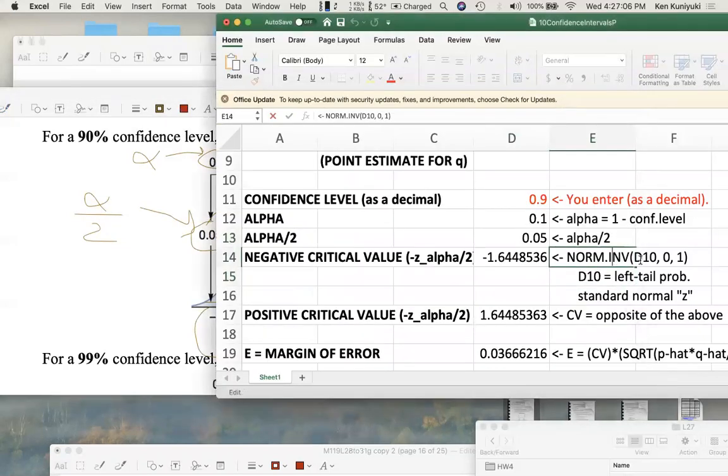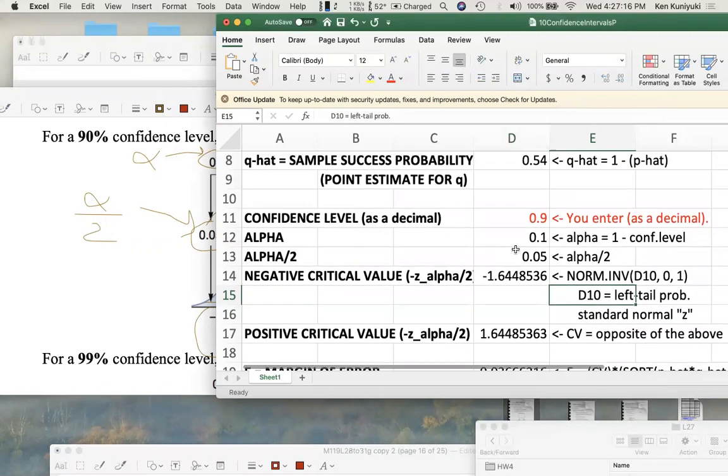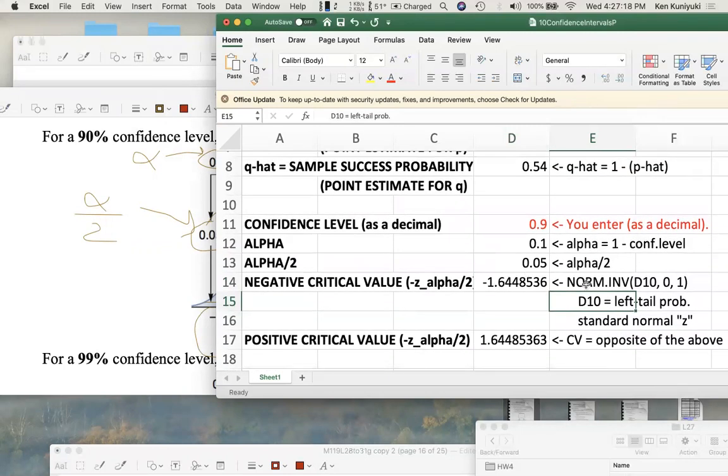So for the left tail or cumulative probability, it's grabbing the entry from D13. I apologize, it should be D13, this over here. That's the left tail probability, half alpha. So norm.inv, you take the entry from D13.